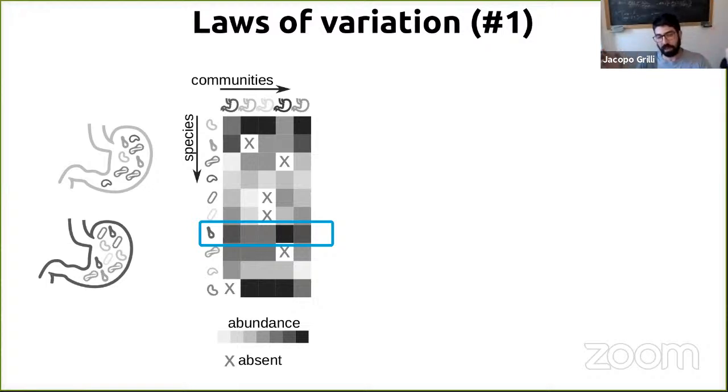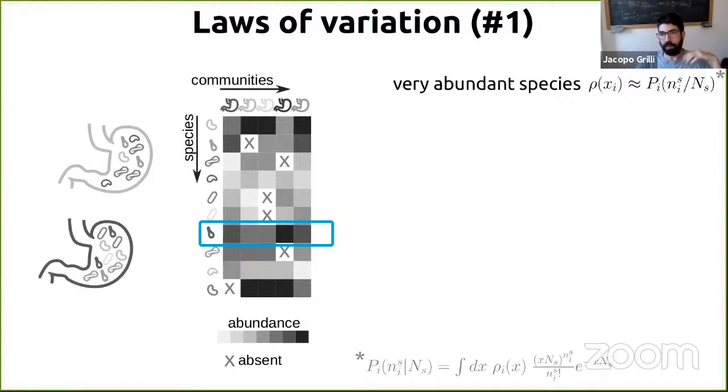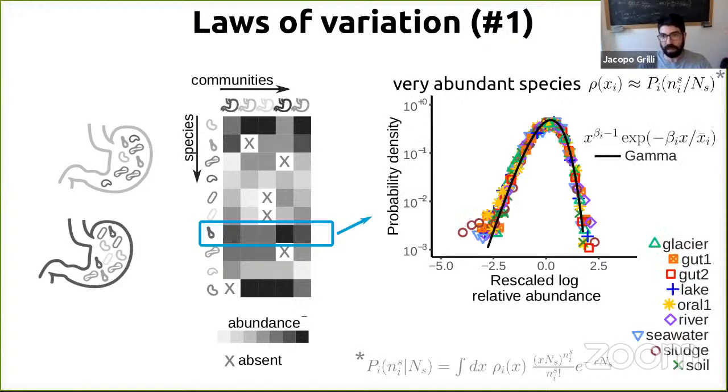If the species is abundant enough, you can forget about that, and you can basically look at the frequency, and you can look at what is the distribution of the frequency across communities. And what you find is that across very different biomes, this distribution is well described by a gamma distribution.